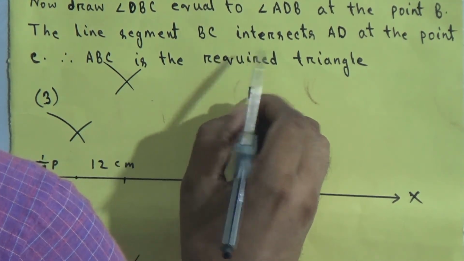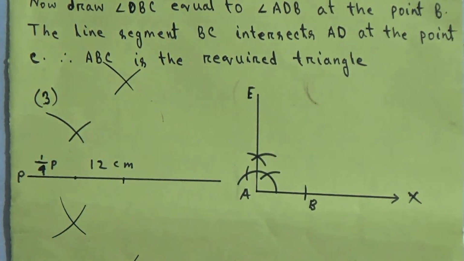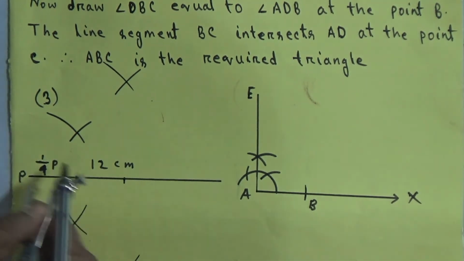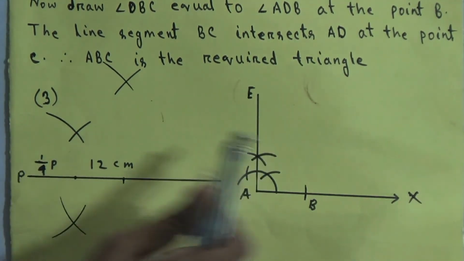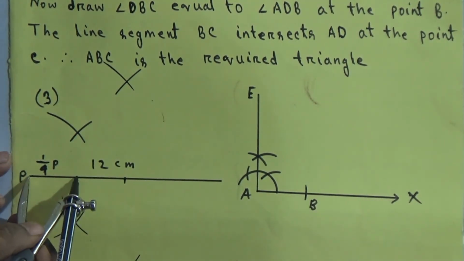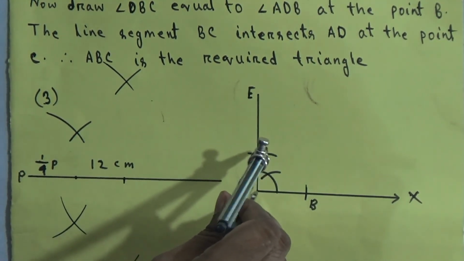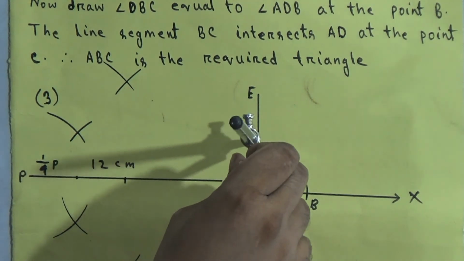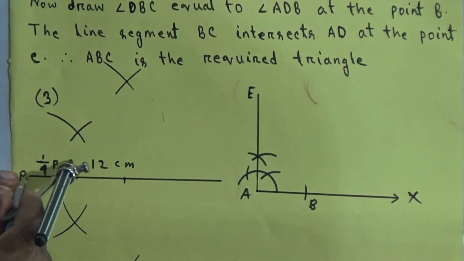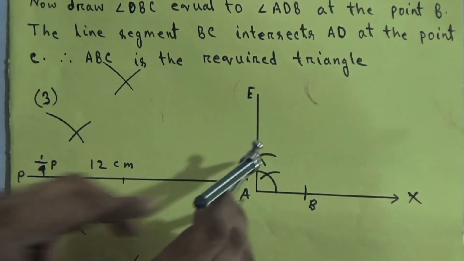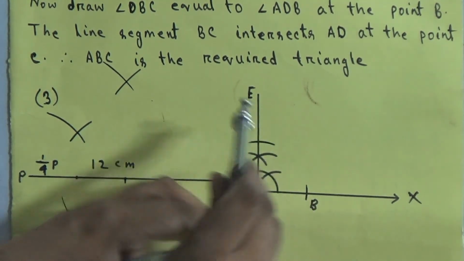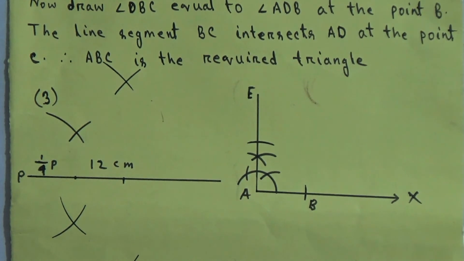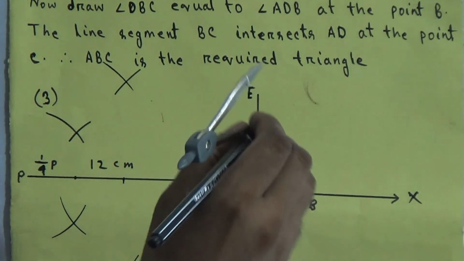Now from AE we will cut a line segment which measurement will be equal to 1/4 of P. And its name will be AD.